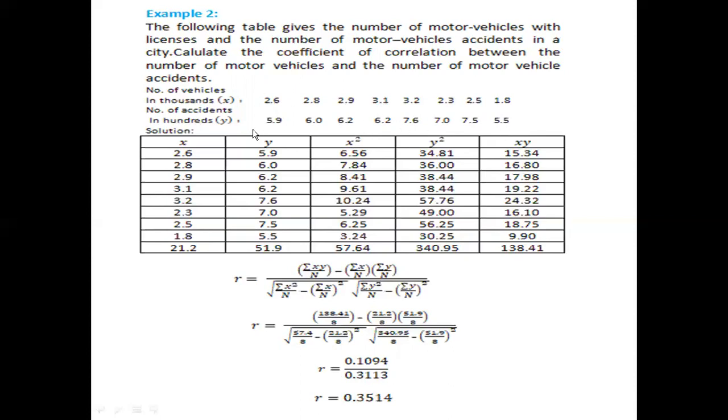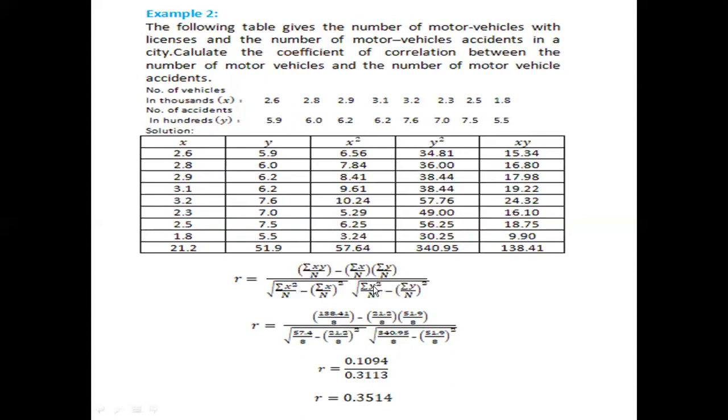First we have to prepare the table. So, solution: write down the values of x in the first column and the values of y in the second column. Here we observe that x square is present in the formula, so we have to calculate a new column, x square.